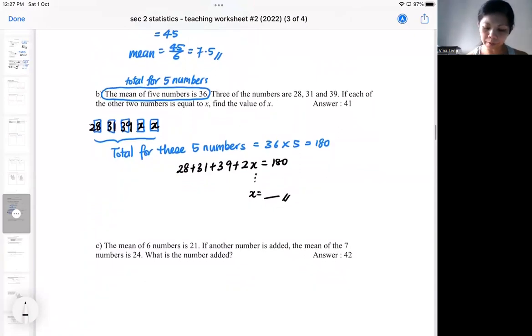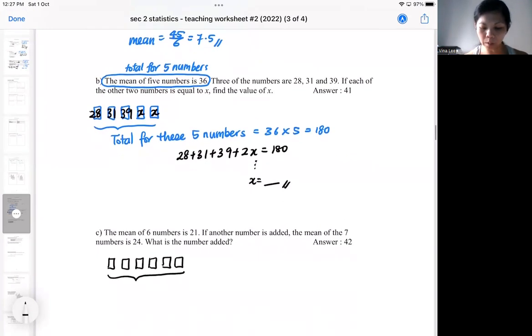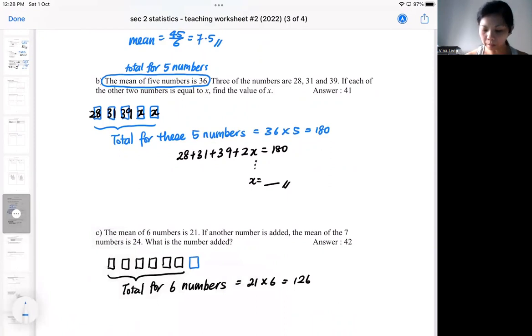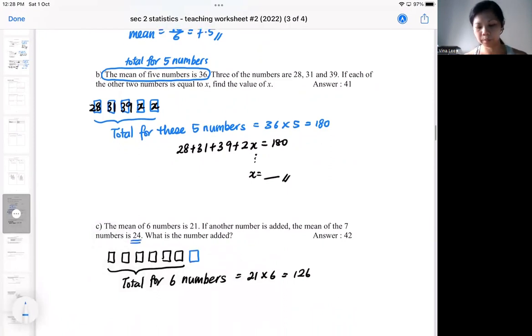Now I have the average for 6 numbers. When the average of the 6 numbers is 21, that means the total for these 6 numbers should be 21 times 6. Then we are going to add on a 7th number, another number, and I'm going to get a new average.